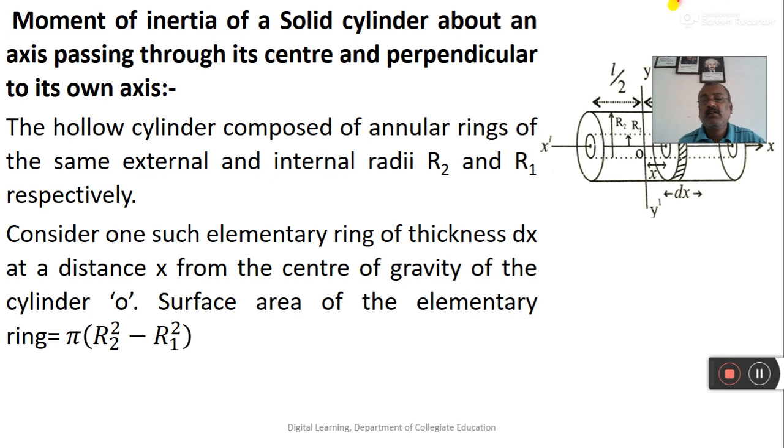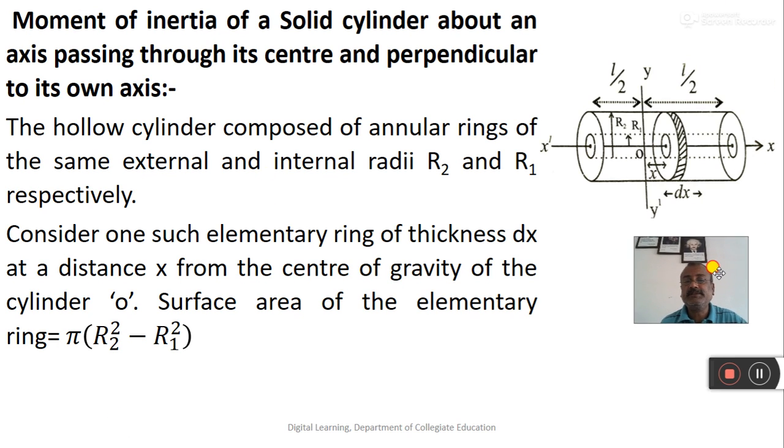Next, the moment of inertia of a solid cylinder about an axis passing through its center and perpendicular to its own axis. This is the axis passing through its center, and this is the perpendicular axis.